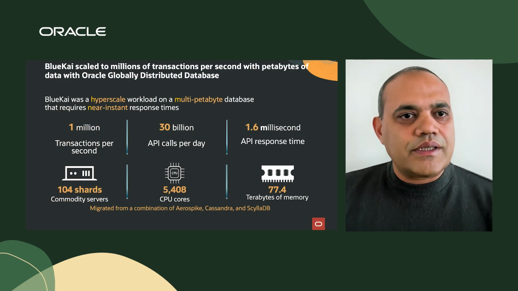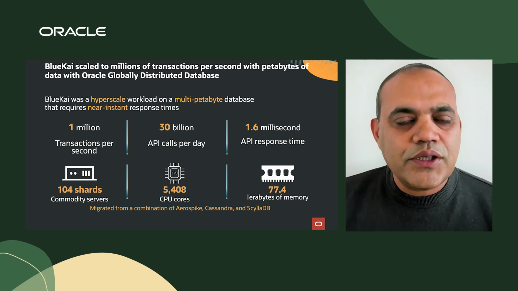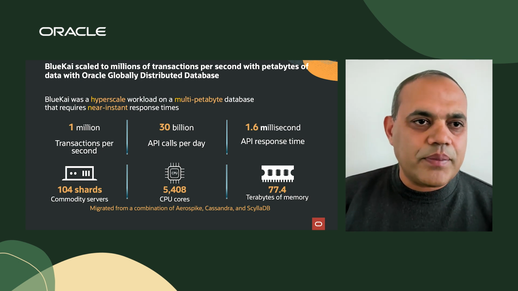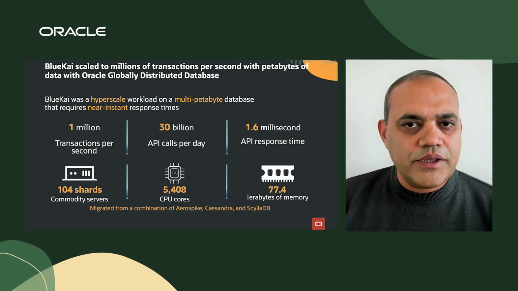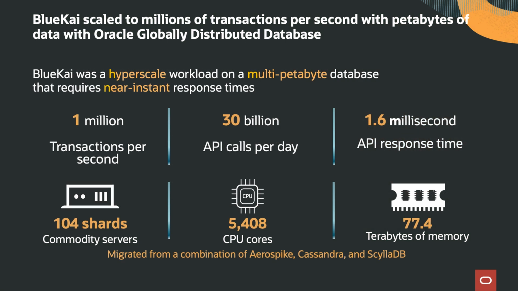Another customer example here is Blue Kite that scaled to millions of transactions per second with petabytes of data with Oracle globally distributed database. Blue Kite was a hyperscale workload on multi-petabyte database that required near instant response times. The application did 1 million transactions per second, 30 billion APIs called per day, with latency of 1.6 millisecond.